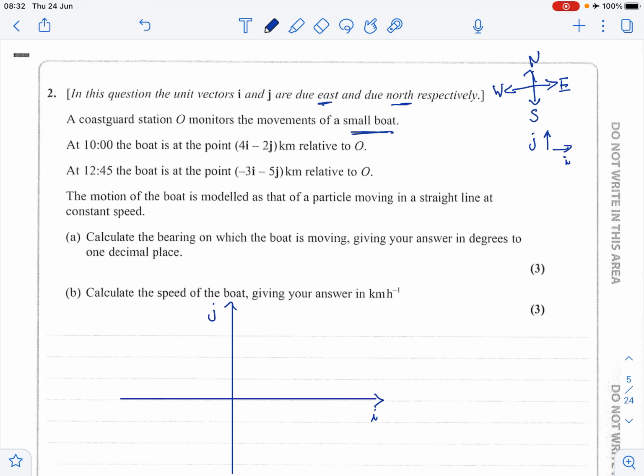The coast station is at station O, so I'm going to say this is my origin. At 10 o'clock, the boat is at the point 4i minus 2j. Let's label our diagram: 2, 4, 6, 8.